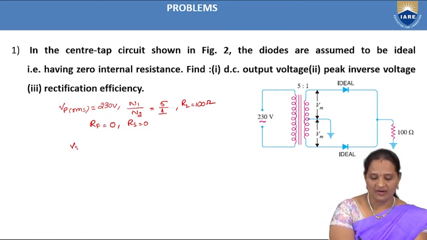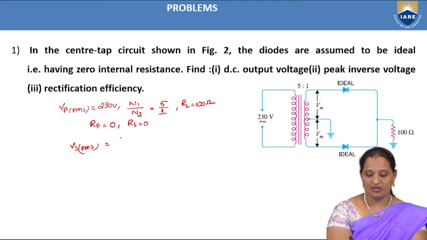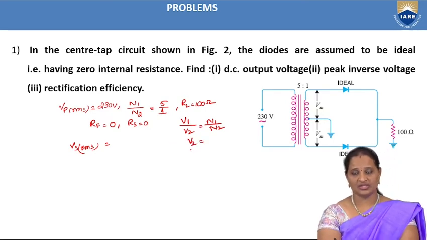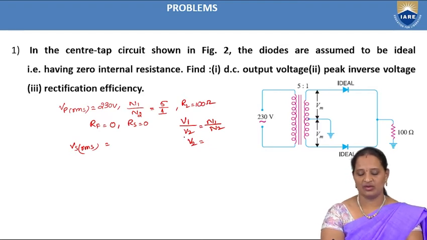Now we can find VS RMS, that is at the secondary. We have the formula V1 divided by V2 equals N1 divided by N2. That means I can find the voltage at the secondary winding from this formula, that is V2 can be obtained as V1 into N2 divided by N1.